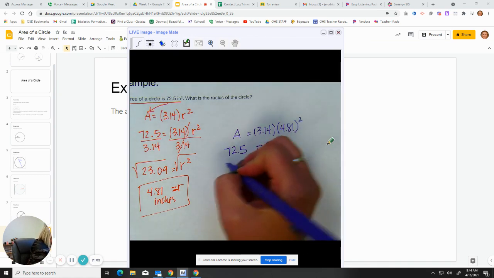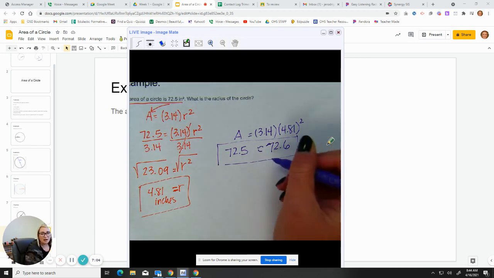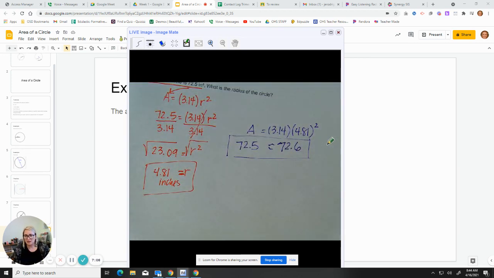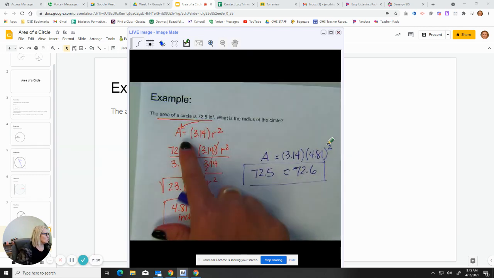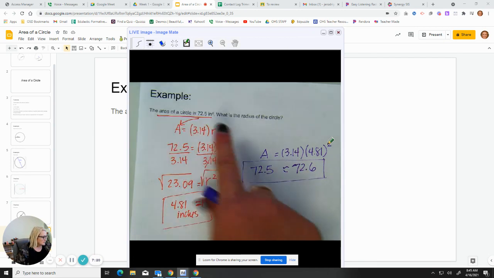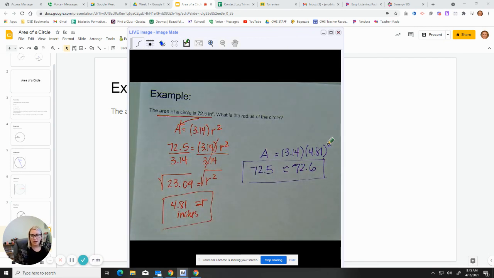That's going to be close enough, because remember, when we're rounding, it does change things. Without having exact, you're going to be close enough. That's why I'm saying round to 2 decimal places to make it a little bit better. Again, we're just plugging it in for A, dividing by 3.14, and taking the square root.